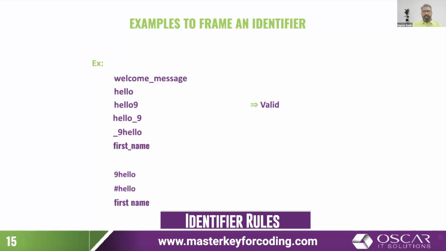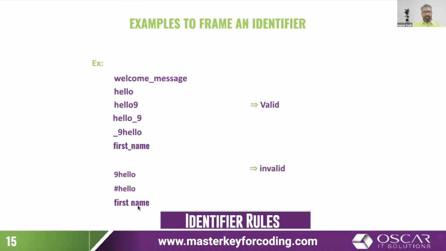The first set of identifiers are valid, whereas the second set is invalid, because in the second set, the first one starts with a digit. It's illegal. The other one consists of a hash. Hash is not allowed anywhere.